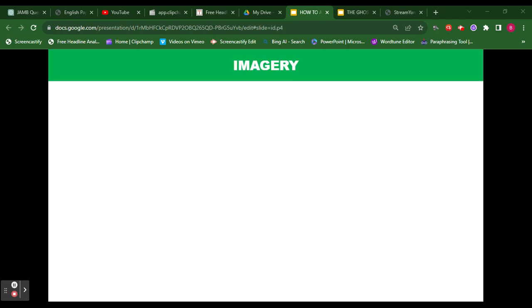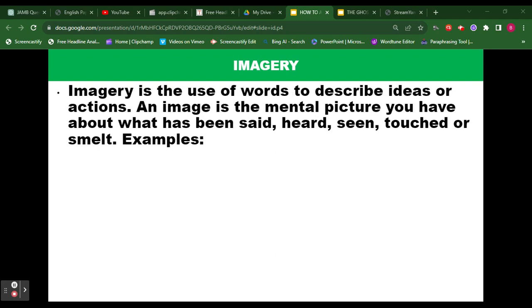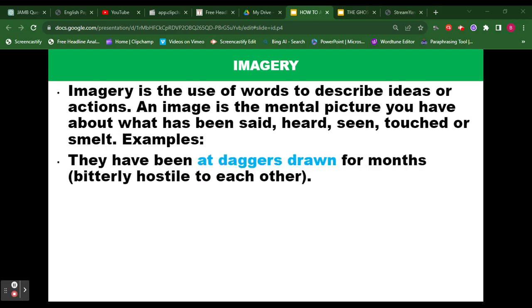Now, next we look at imagery. What exactly is imagery? Imagery is the use of words to describe ideas or actions. An image is the mental picture you have about what has been said, heard, seen, touched, or smelled. For example, they have been at daggers drawn for months. When you look at the expression at daggers drawn, you have a picture in your mind of people who have drawn daggers.